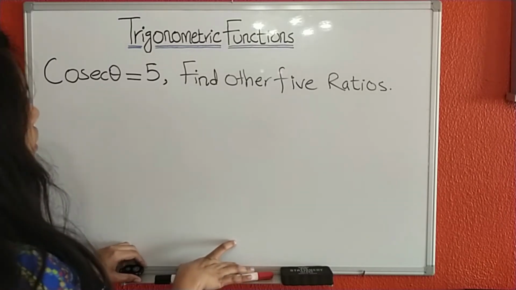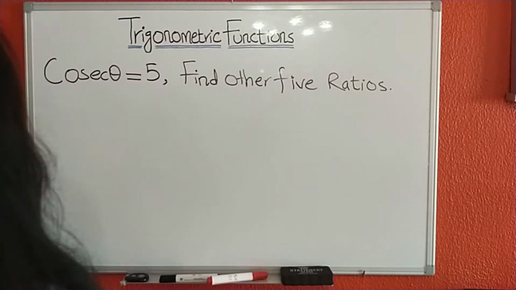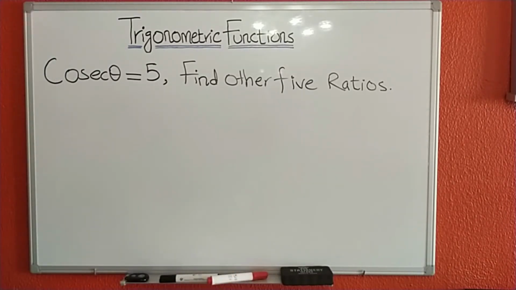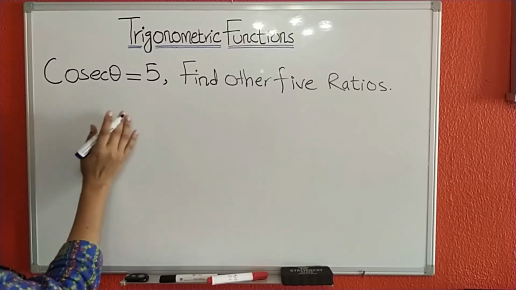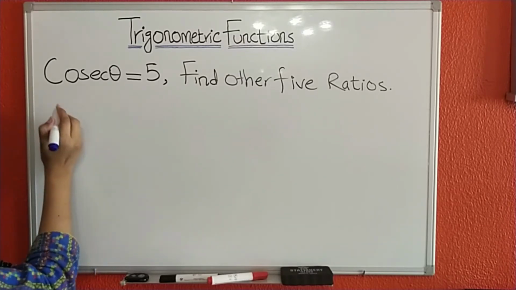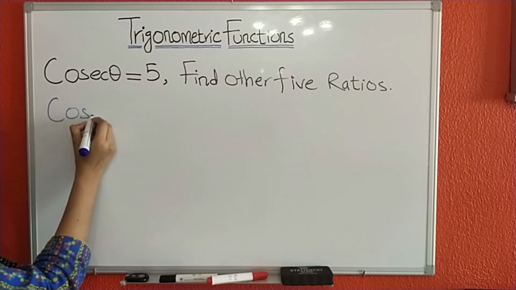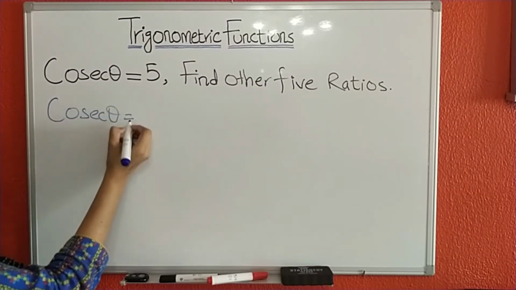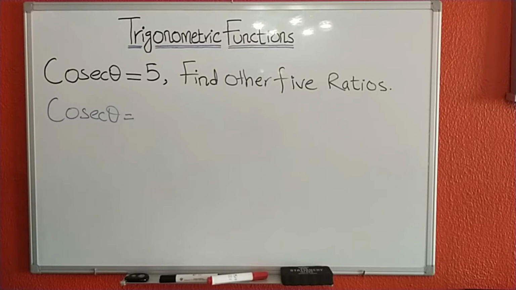Now I have a question here. Cosec theta is equal to 5. Find other 5 ratios. So first of all, I am writing the formula of cosec theta. As we know that cosec theta is the reciprocal of sine theta, and I am writing the formula of sine theta here in reciprocal form.